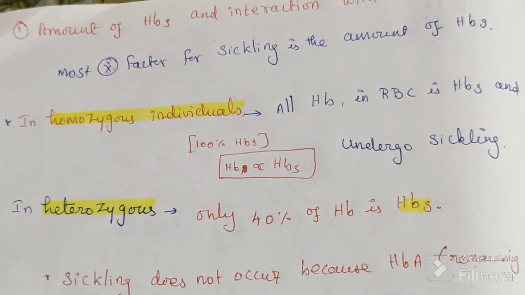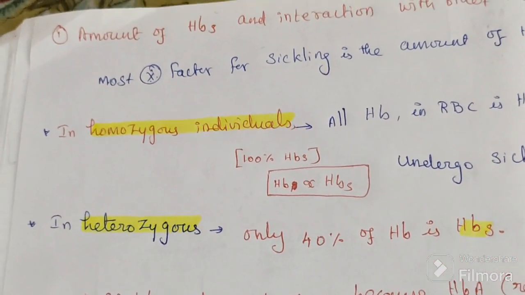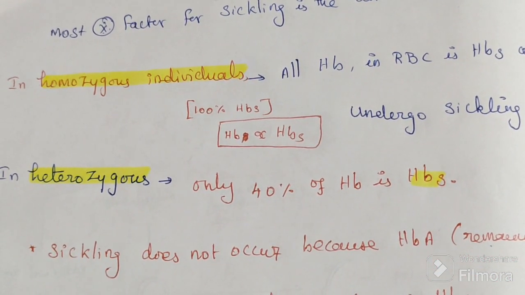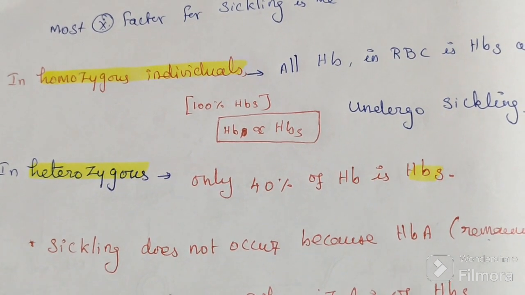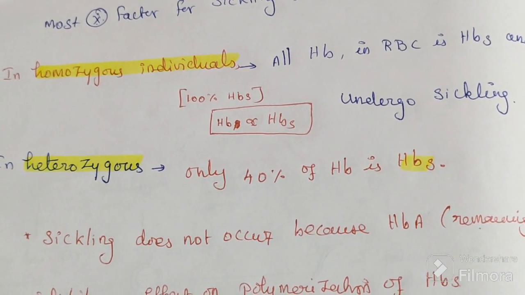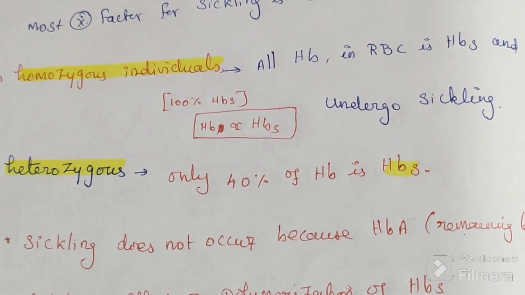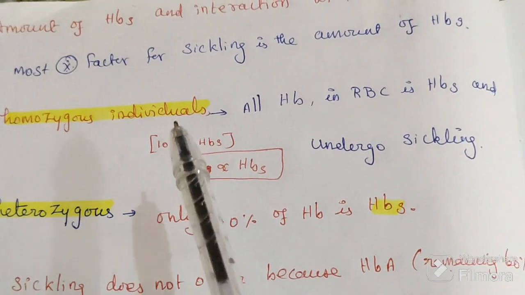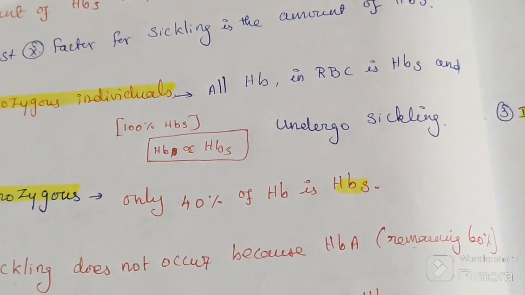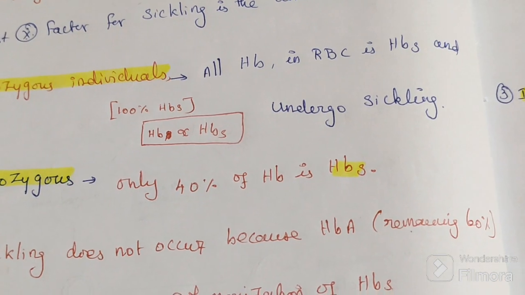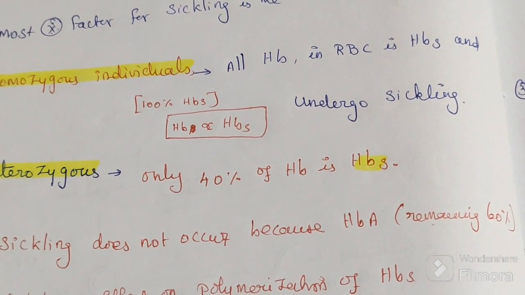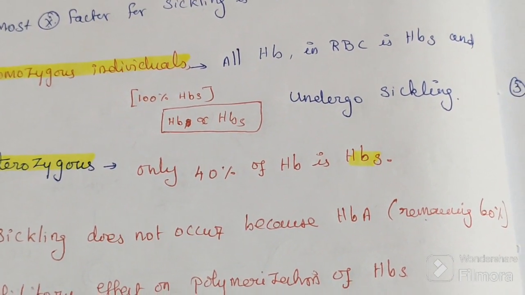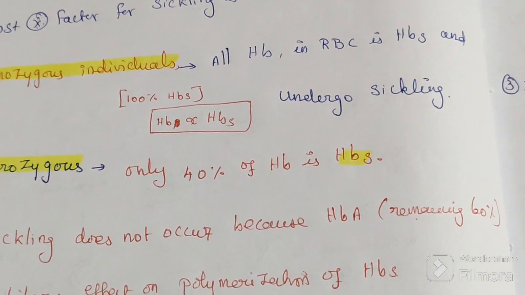Now if there is a homozygous individual, that is HbS only, 100 percent hemoglobin S, no other hemoglobin is present in the homozygous condition.